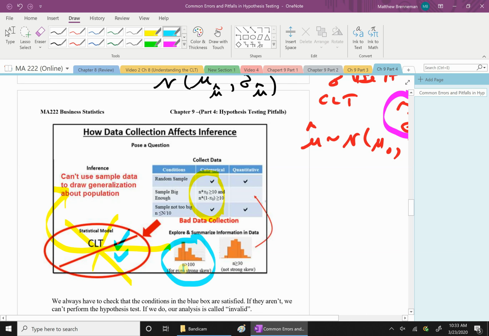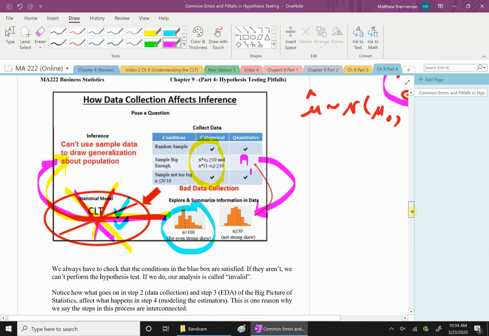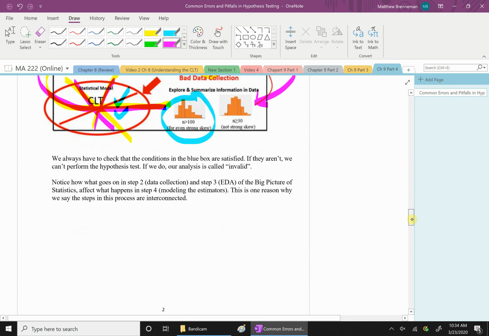Even though we're not going to get into these complexities, it's important to understand why we plot the data. We have to look at the shape to figure out if our sample size is large enough. So this question of whether it's large enough very often involves us plotting. And again, if all of these three conditions are not met, we can't use the central limit theorem. We can't draw valid inferences from the sample about the population. So this puts everything together and shows you the big picture of why the data collection is so important to inference.